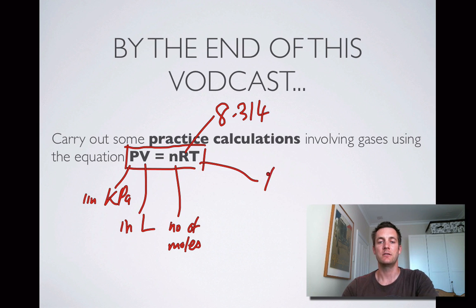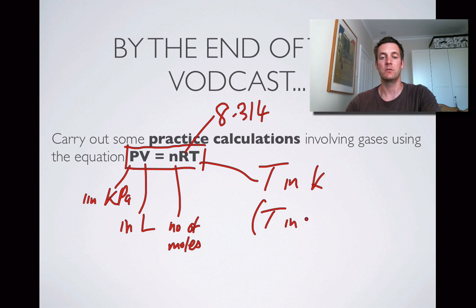And this is the temperature in Kelvin. How do you find the temperature in Kelvin? You take the temperature in degrees centigrade and you add 273.15 to it. So it shouldn't surprise you to hear that you might have to rearrange this formula, but those are the meanings of all the terms in it.